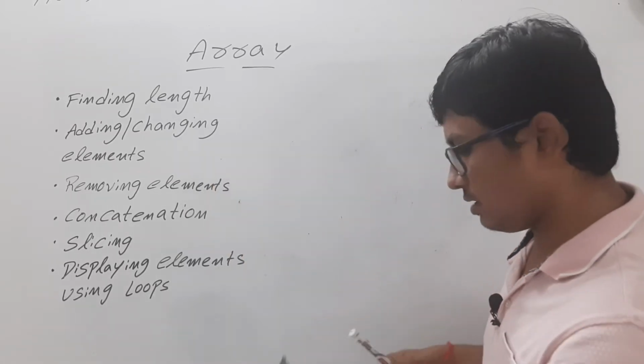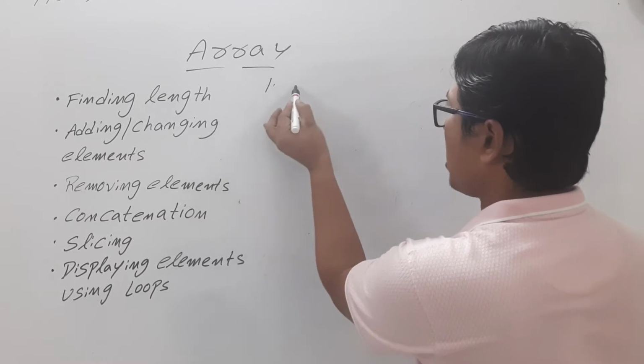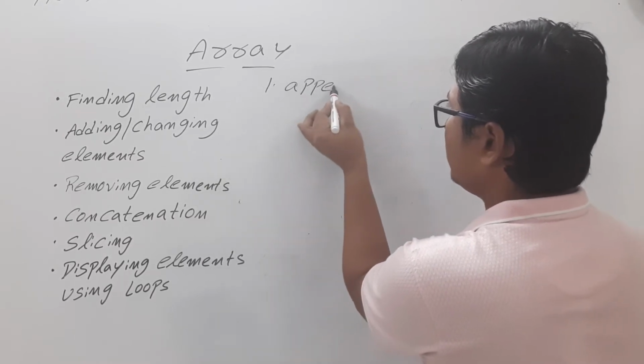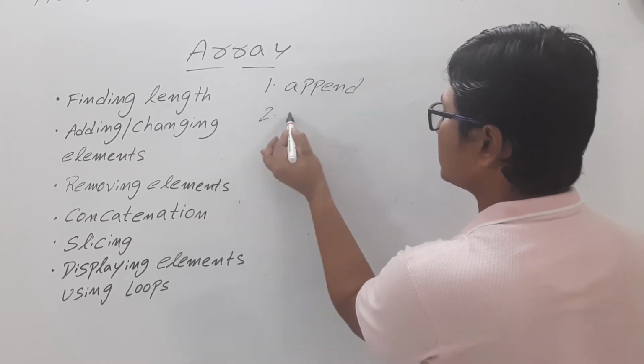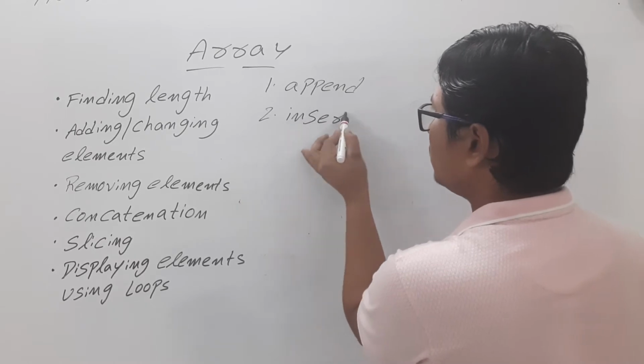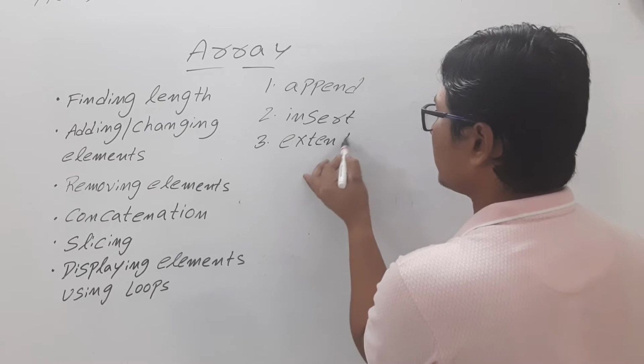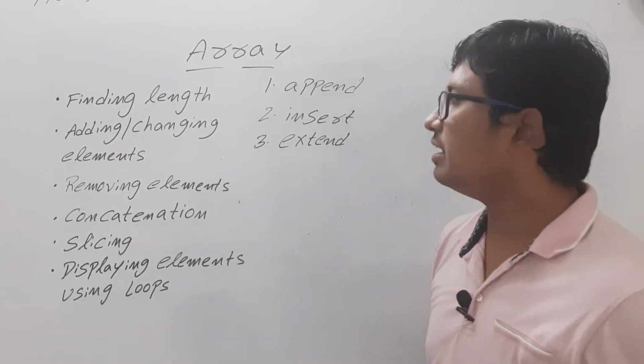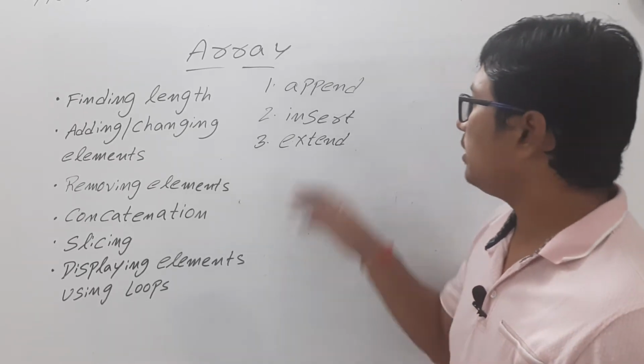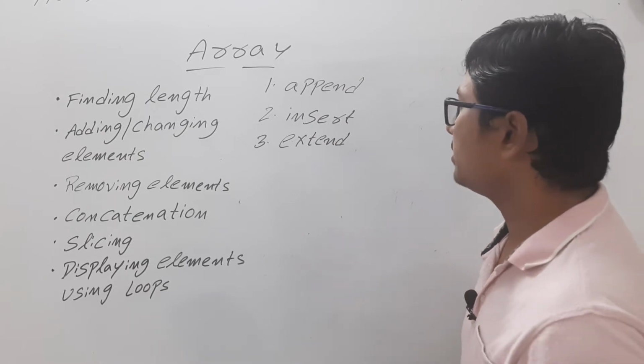The 3 are: one is append, the second is insert, and the third is extend. These are the 3 ways we can add elements to the array. Now let me discuss that.